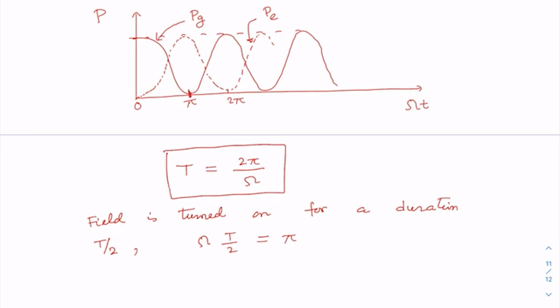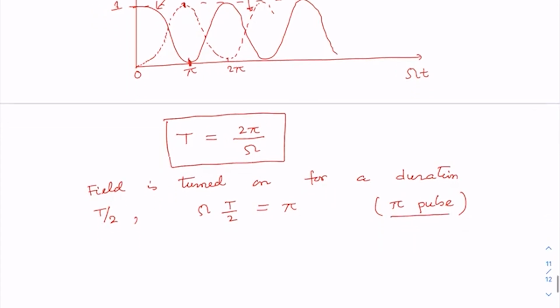As you can see, this means that the atom which is initially in the ground state is promoted to the excited state. You see here it's now going to the excited state with 100% probability, or unit probability. This is 1. This kind of pulse is actually called a pi pulse. So when the Rabi frequency into time product is equal to pi, the laser pulse is known as a pi pulse.